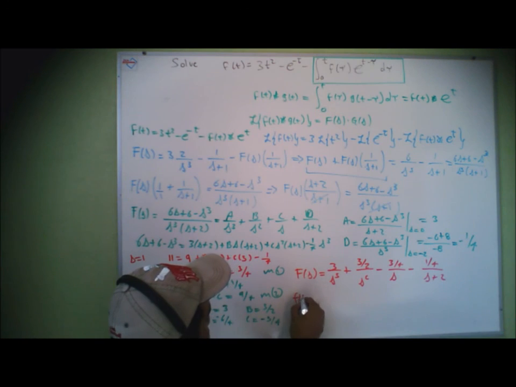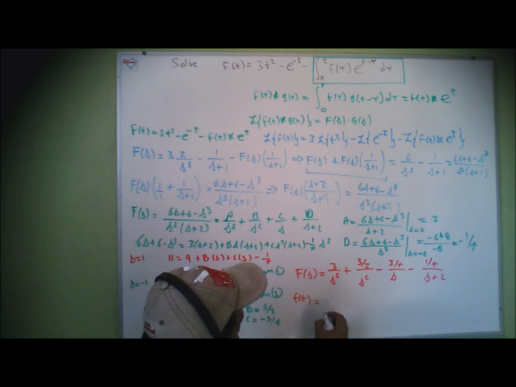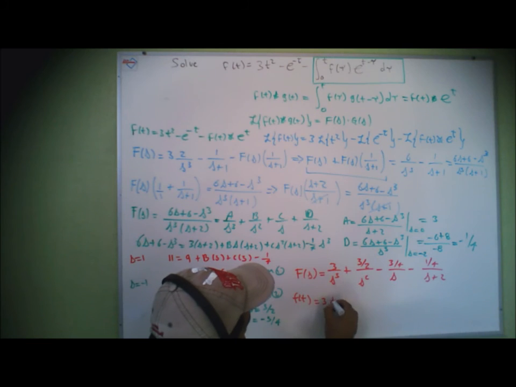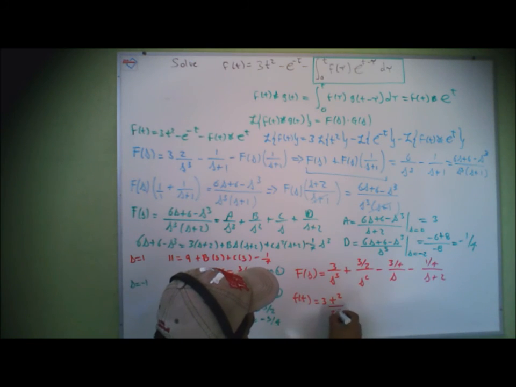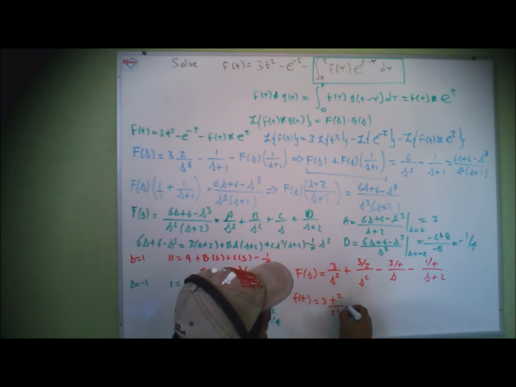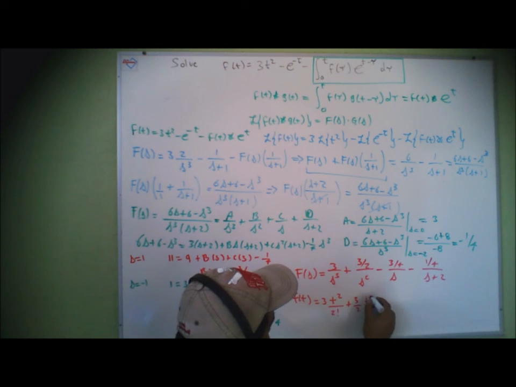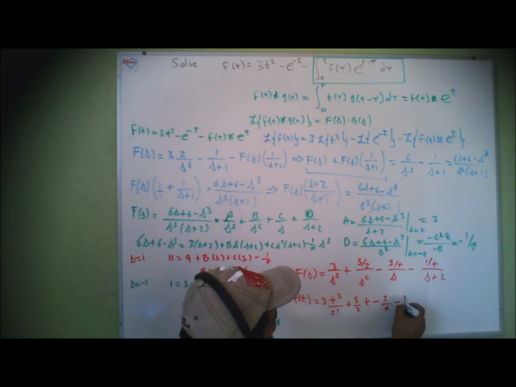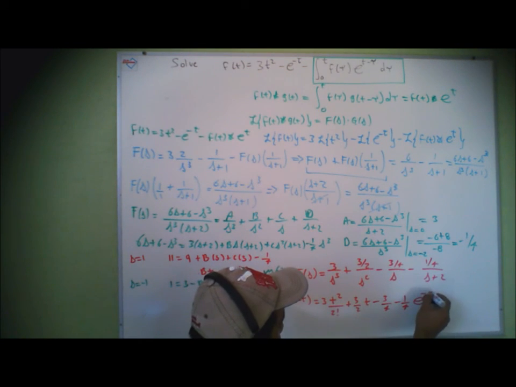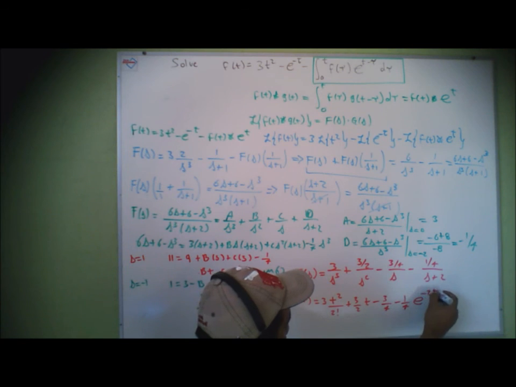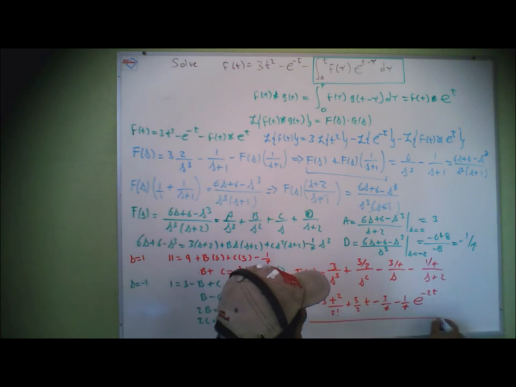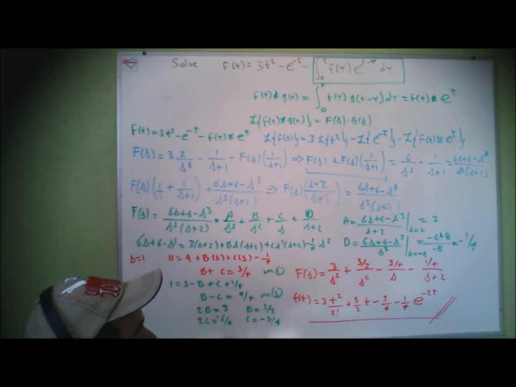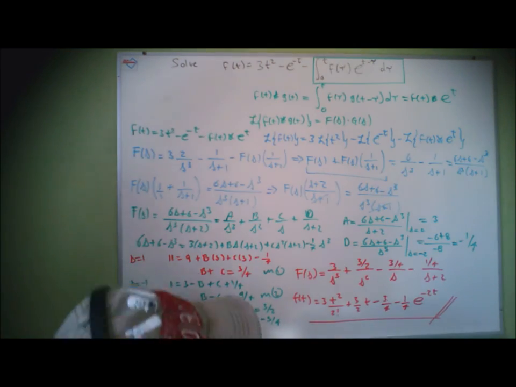So what is the f of t? It's just the Laplace inverse. So this is going to be 3 t squared divided by 2 factorial, plus 3 over 2 t, only t, and then minus 3 quarters, and then minus 1 quarter of the exponential minus 2t. And that's it. Now this is the solution, this is the f of t.